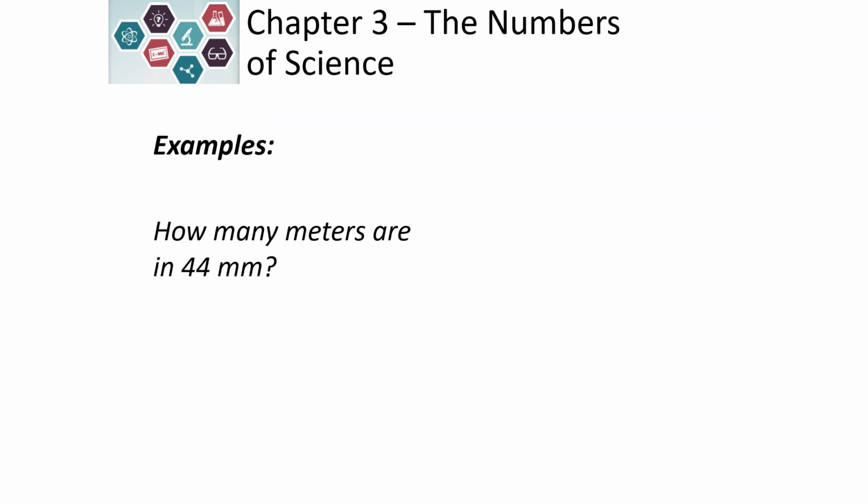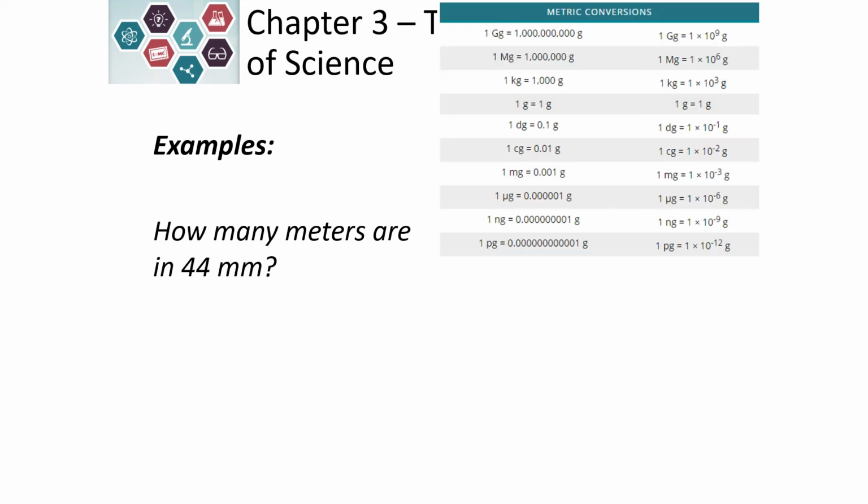So our conversion factors, if we have 44 millimeters and we want to go to meters, so if we're at milli and we want to go to meters, we have to move the decimal point 3 places.